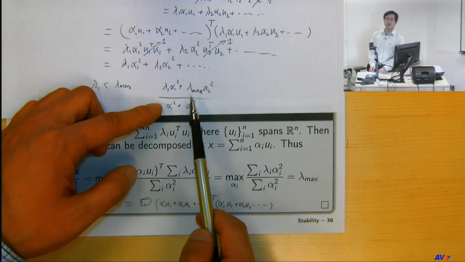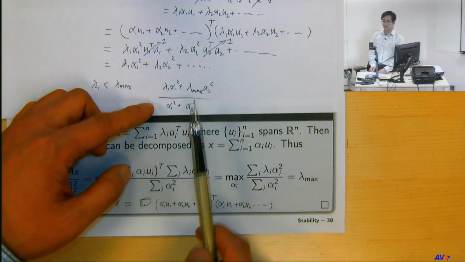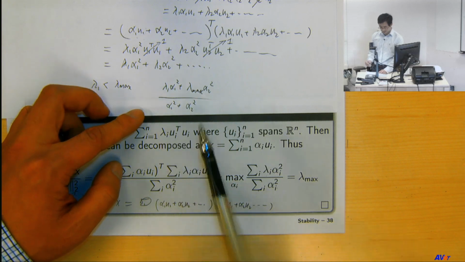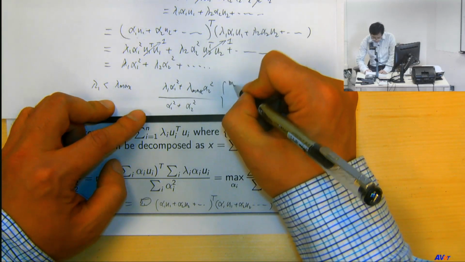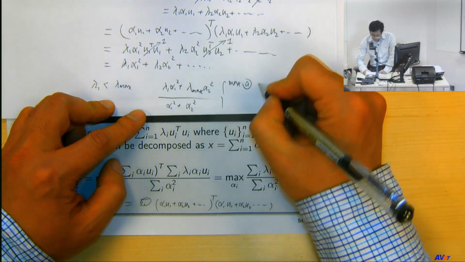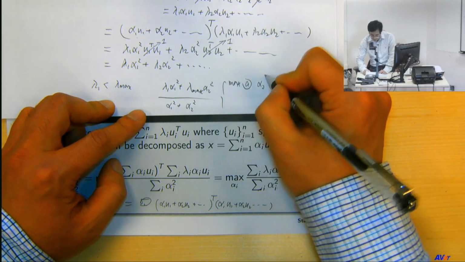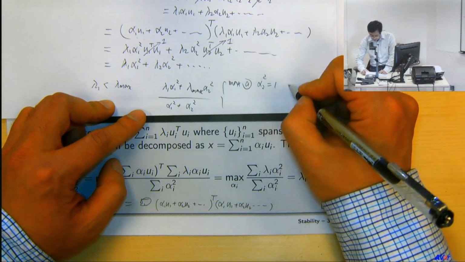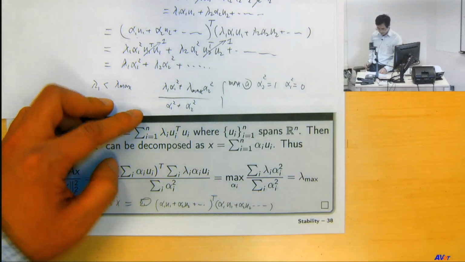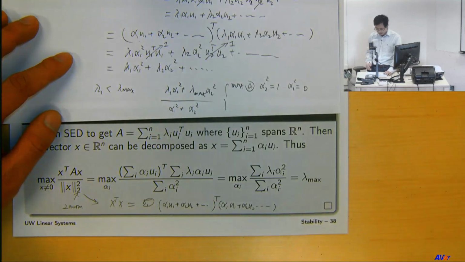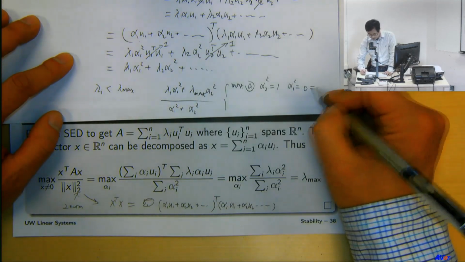So what would be the maximum in this computation? It achieves the maximum when alpha 2 squared is 1 and alpha 1 squared is 0. In this case, the maximum gives you lambda max.